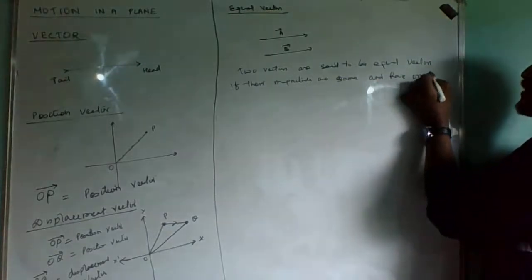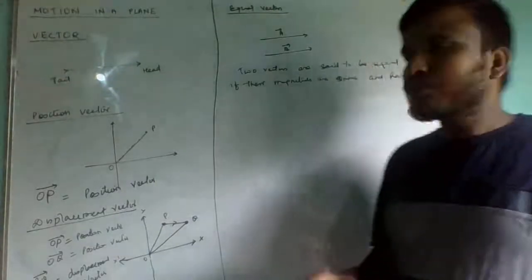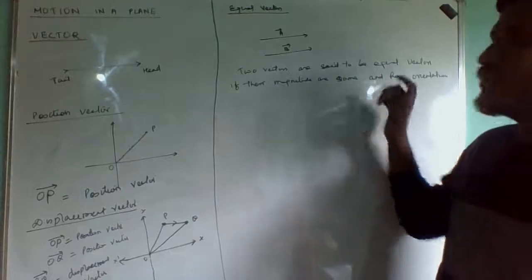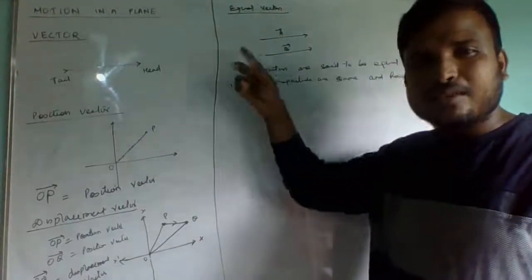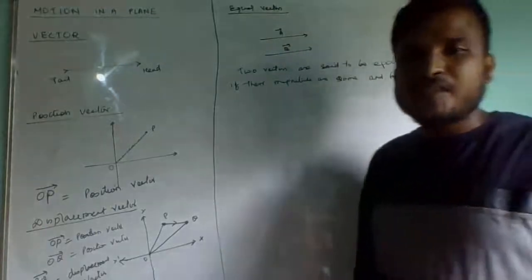Same orientation means same direction. So you can conclude that two vectors are said to be equal if they are equal in magnitude and also they are going in the same direction.